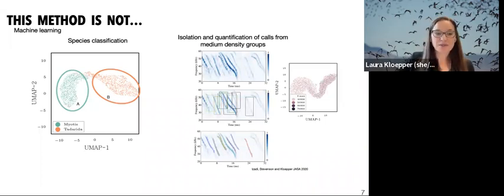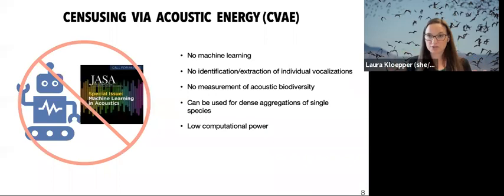All right, so let's go into a little bit of specifics as to some of the characteristics of what exactly this method is, is not, and also is. So again, the CVAE, censusing via acoustic energy, does not use machine learning, does not require identifying or extracting individual vocalizations, and it's not using any sort of acoustic indices as a measure of biodiversity, because this method is designed for dense aggregations of single species of animals.